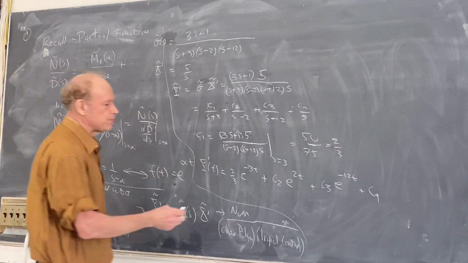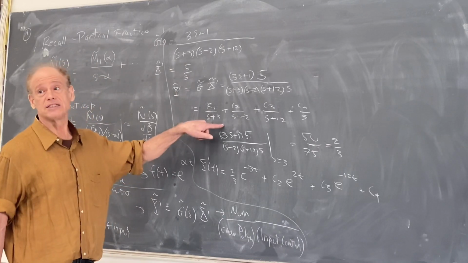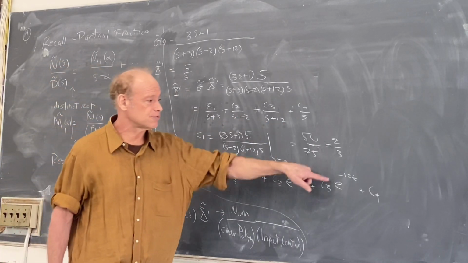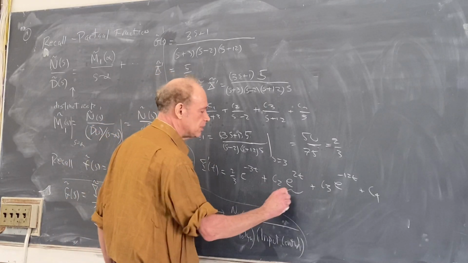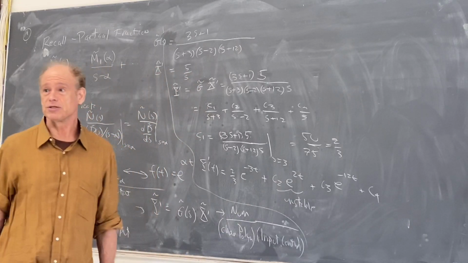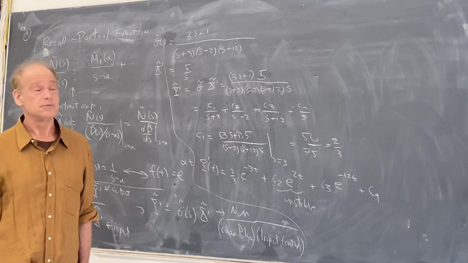And this is a problem because these two are negative, because this is s minus a minus 3, s minus a minus 12. That's why I have the minus 3 and minus 12. And this is unstable because it's a positive exponential. So was that helpful?